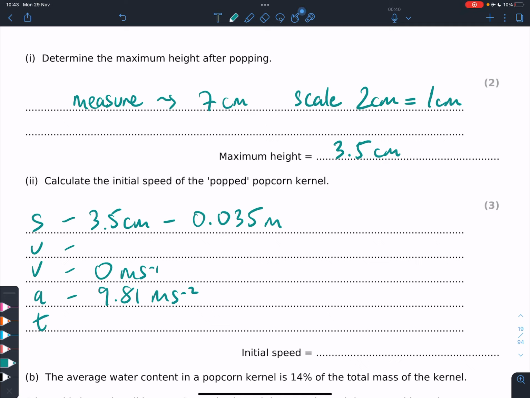Well, when you've got distance, U, V and A, the equation that you use is V squared equals U squared plus 2AS.